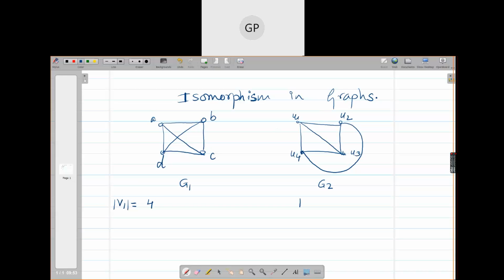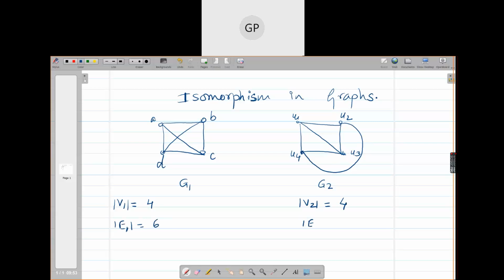How many vertices are there in G2? 4. How many edges are there in G1? 6.